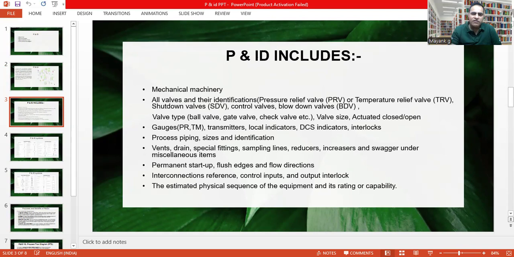It also gives us detailing about the piping which is there in the process plant. What are the sizes of the piping and what are the specifications of the piping. Then if there are any vents, drains, special fittings, reducers, any increasers, swages, and miscellaneous items, that is also covered under PNID. Then we have permanent startup, flush edges, and flow direction.